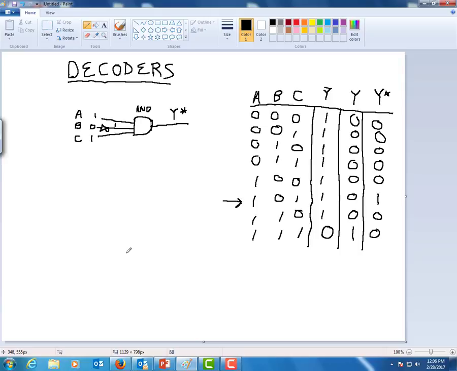So just use your logic and go back to basic principles: for an AND gate to output a high, all the inputs have to be high, right? Now if you have an inverter here, which makes it a NAND gate, if all your inputs are high, your output's going to be low. Otherwise it's going to be high, right? And vice versa for your AND gate.